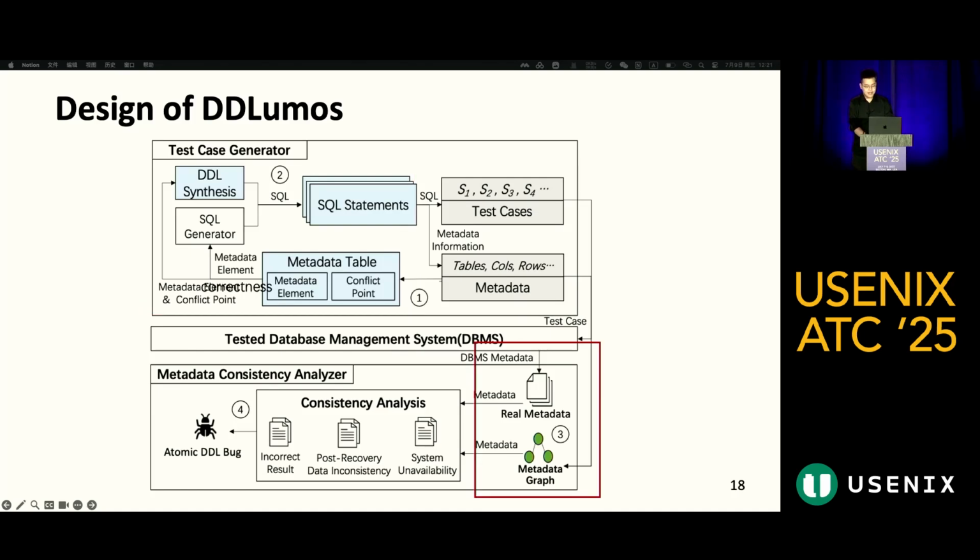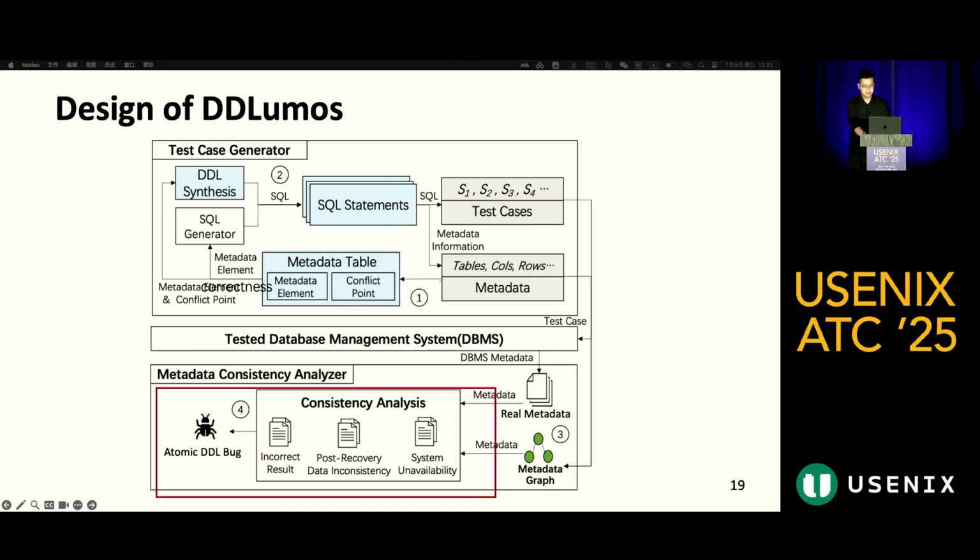In the third step, DDLumos constructs a metadata graph for the generated test cases and sends them to the target DBMSs. The metadata graph captures the relationships between schema elements before and after DDLs, providing a structural foundation for analyzing schema consistency and correctness.